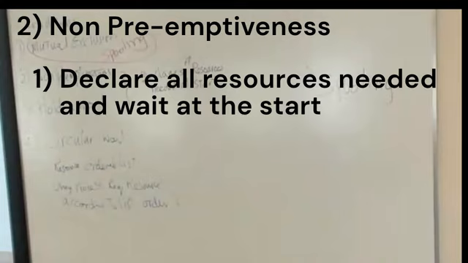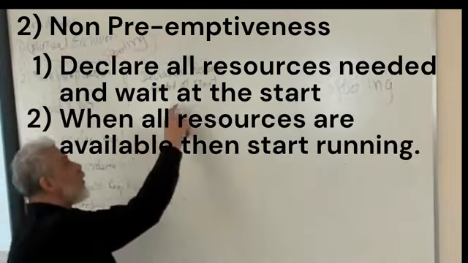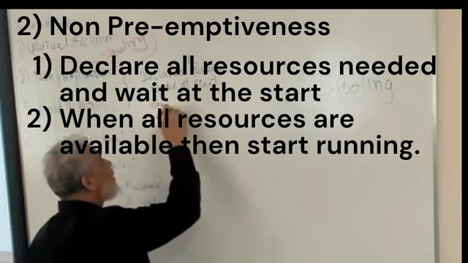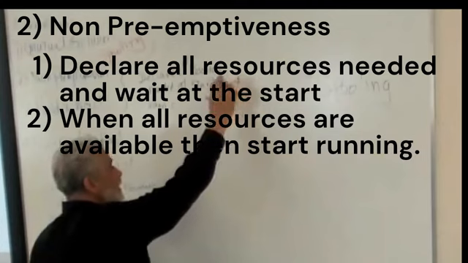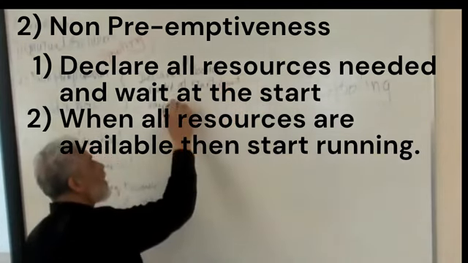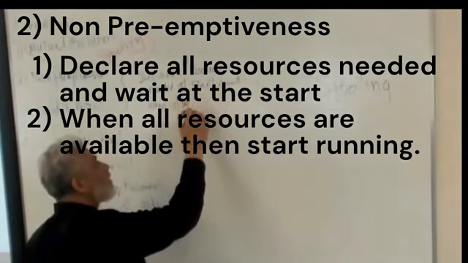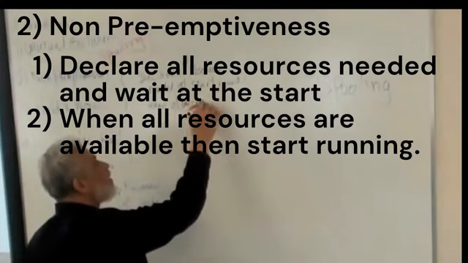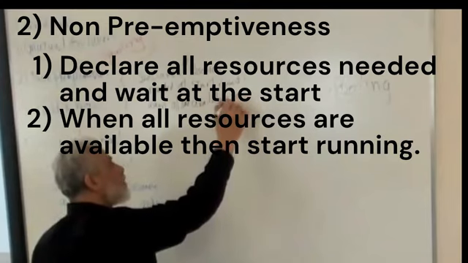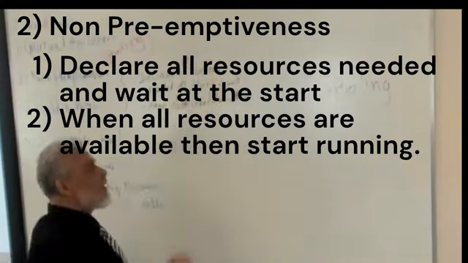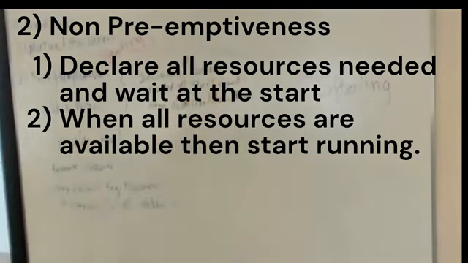And then when we have all the resources you need, for example, you need 5 resources, you'll wait at the start, and when all resources are available, go ahead, run. That's another simple idea. Whatever you need, tell us about it now.